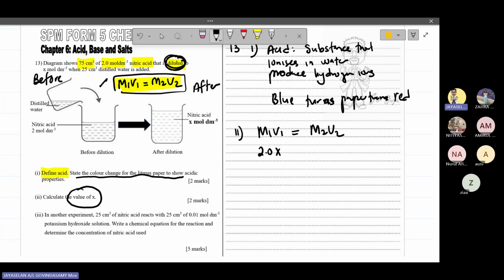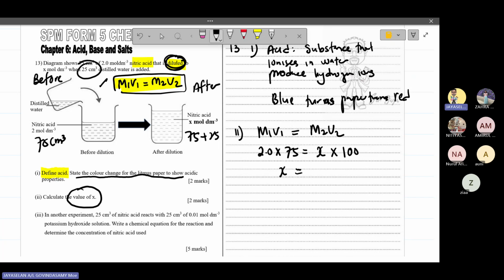Before you add water, what is the concentration? 2.0. What is the volume? You see here from the question, 75. M2 we don't know, that's why they put X, or you can just represent it with X. What is the volume after adding water? Here 75 plus 25 of distilled water added, so total 100.